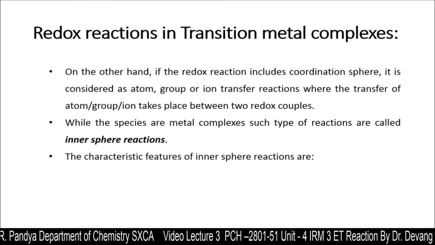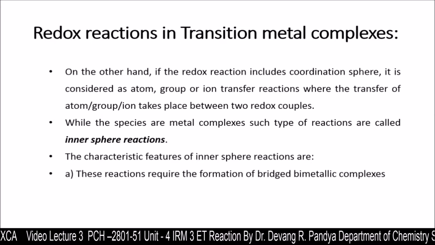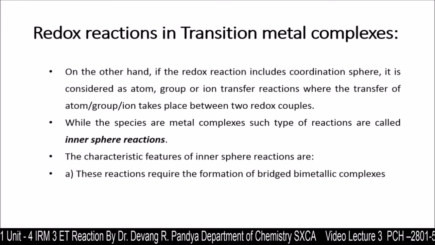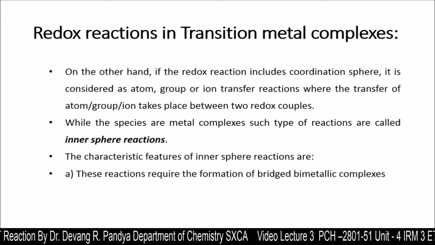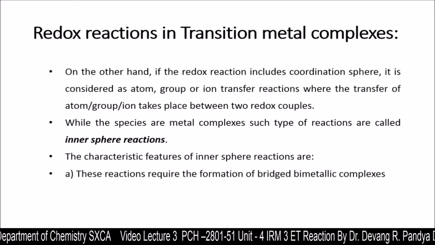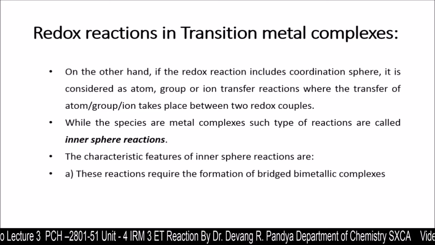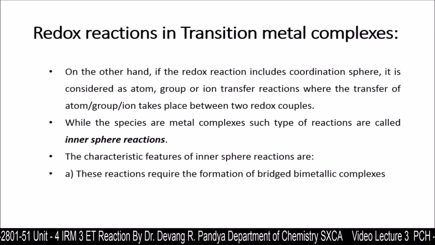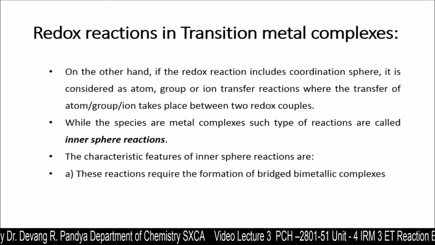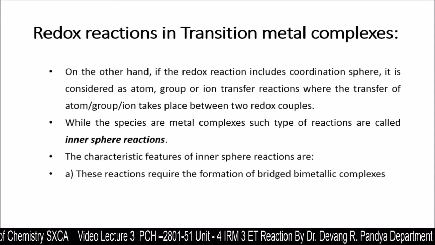The characteristic features of inner sphere reactions are, first, these reactions require the formation of a bridged bimetallic complex in the transition state or intermediate. So when ligand substitution, electron transfer, or transfer of an atom or group takes place between the redox couple, there should be a bridge between these two metal centers. A bimetallic complex is obtained in a transition state, and after the transfer of one group from one part to the other, the bridge dissociates and we get two different species.